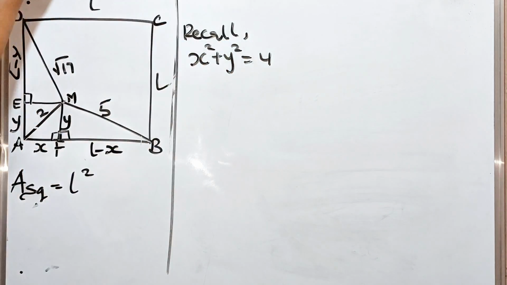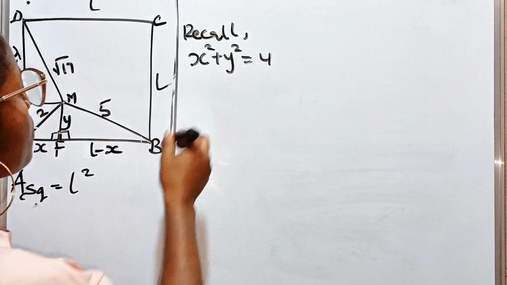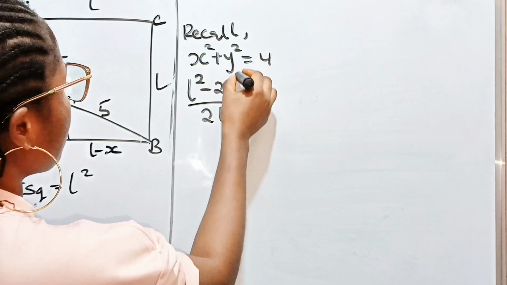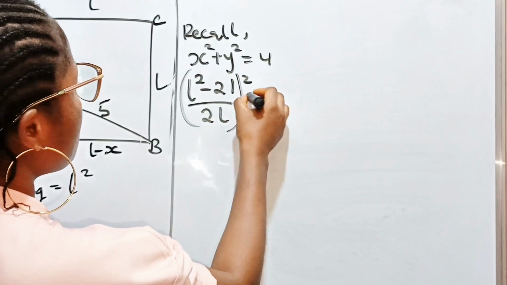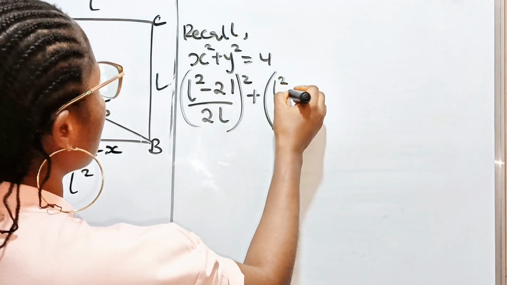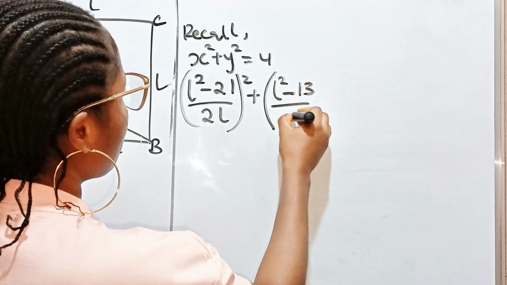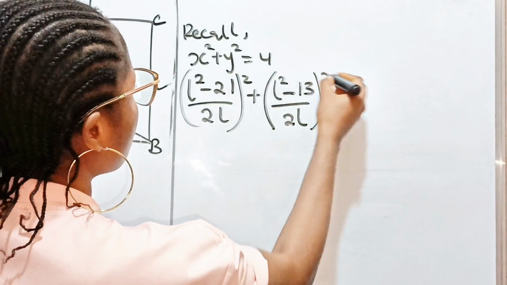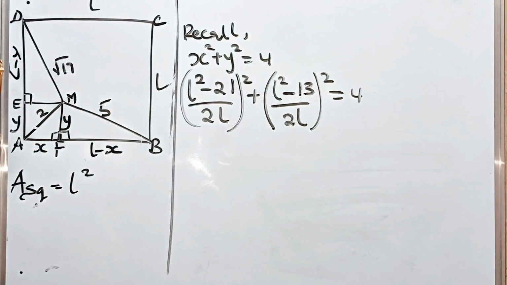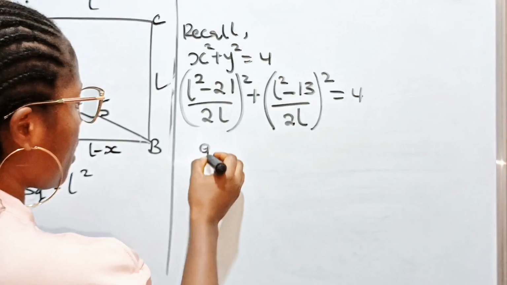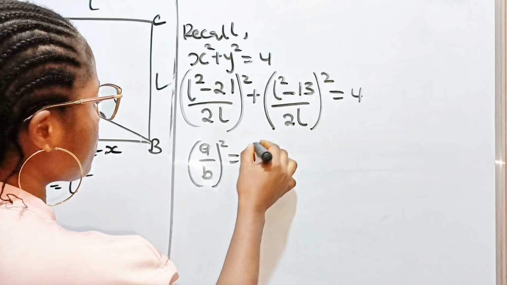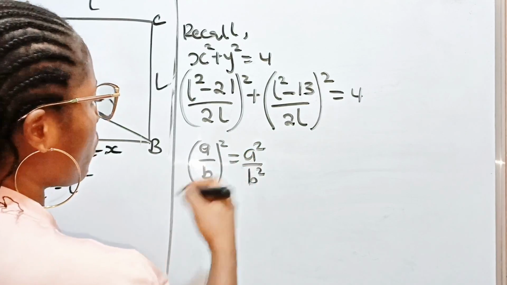Now our x, I'll copy it from here, is L squared minus 21 over 2l, all squared, plus our y, which is L squared minus 13 over 2l, all squared, and everything is equal to 4. So remember that when you have a over b squared, it is equal to a squared over b squared.